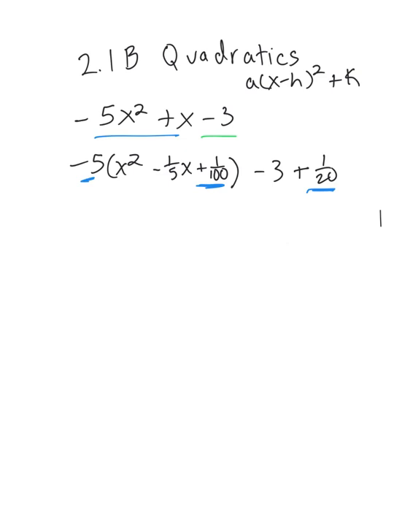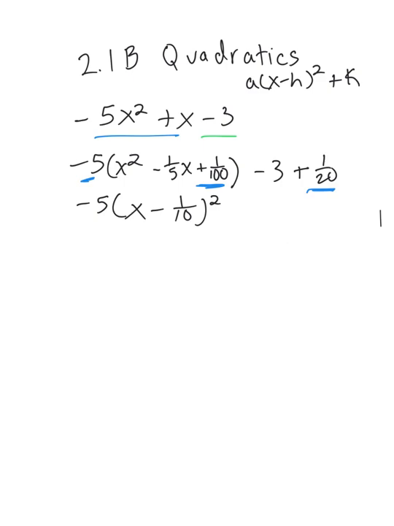So then we will combine, and so this becomes negative 5 times (x minus 1/10) squared, and negative 3 plus 1/20.